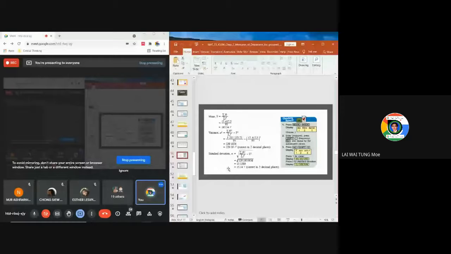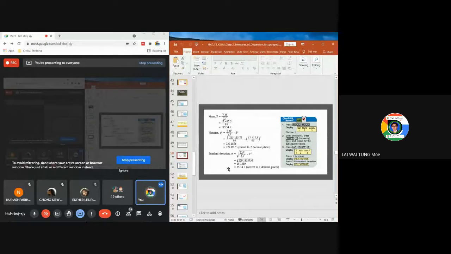I'm not sure whether this new syllabus's marking scheme is different from the previous one, because last year it was still KBSM, not KSSM. So this year is KSSM.